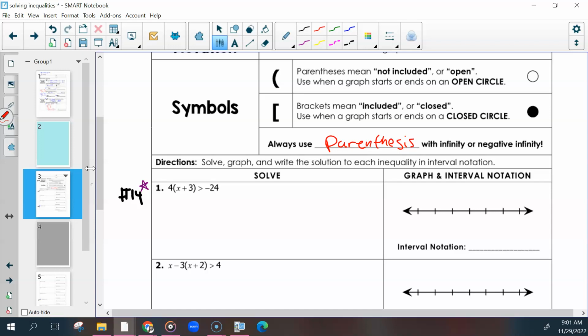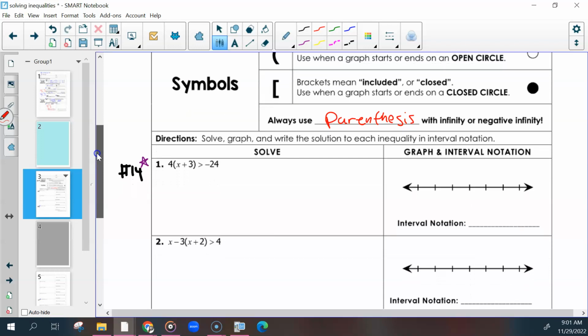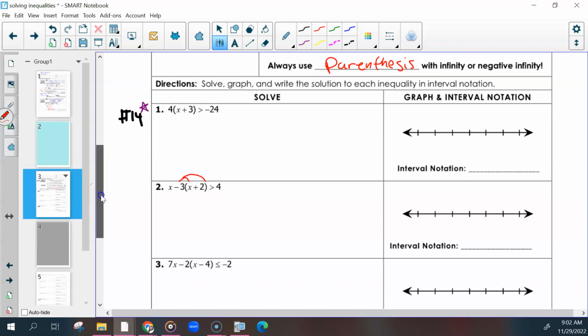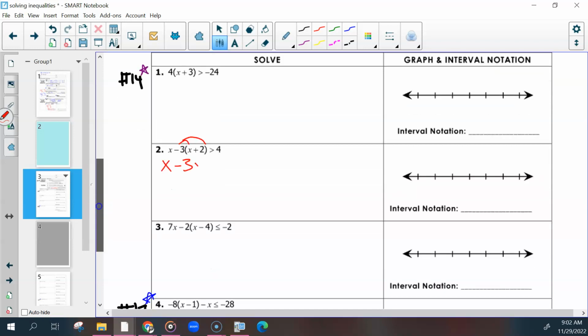So let's start with number 2. Let's skip some. So to solve this, I would do what first? So we'd have x minus 3x minus 6 is greater than 4. And then what could we do next?